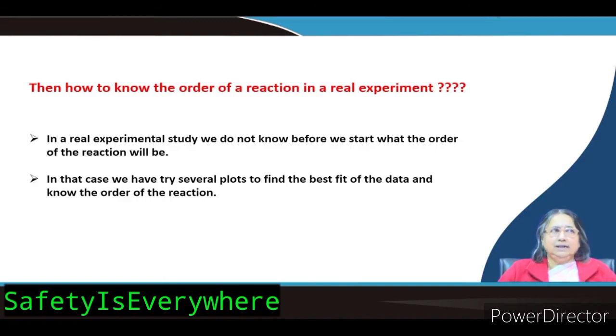After that we have to try different plots: the zero order plot, first order plot, second order plot. Depending on which one is the best fit, we can tell that this reaction has this order. This way we have to determine it.